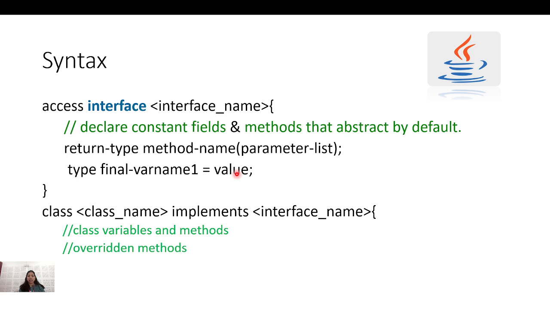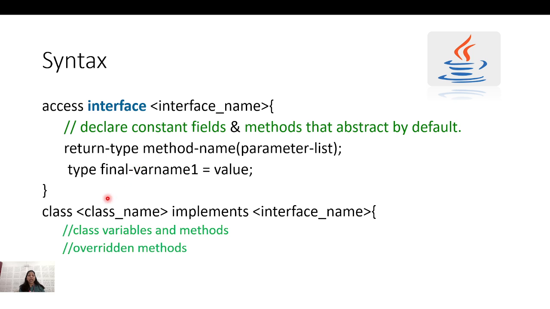As these variables are final, I need to give some values to that variable, so that in the implemented classes I can use that value directly. As these are final and static, I can access those variables in the implemented classes. Now we have seen the syntax of the interfaces.